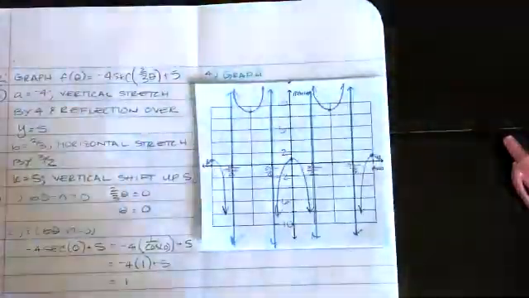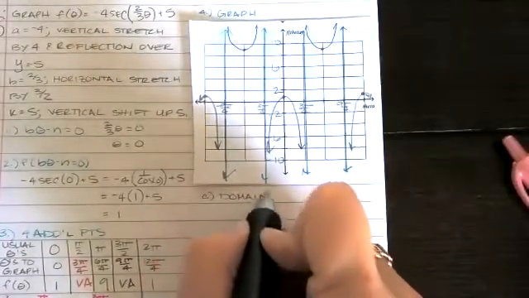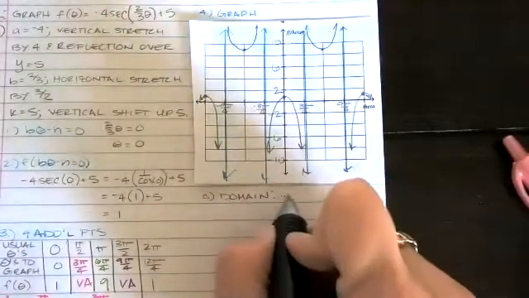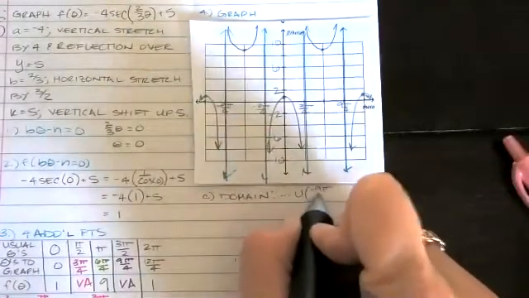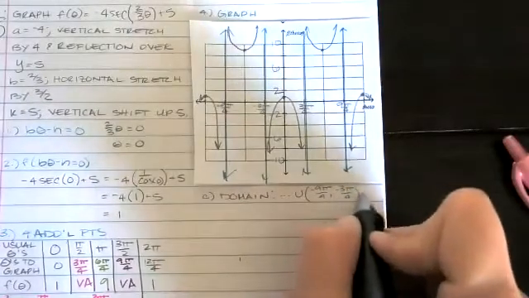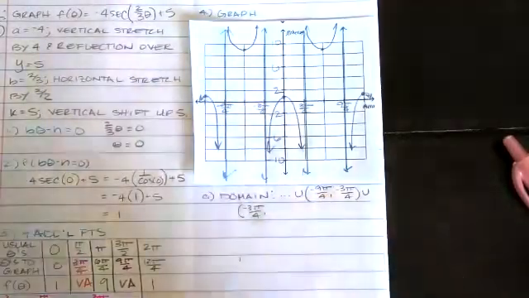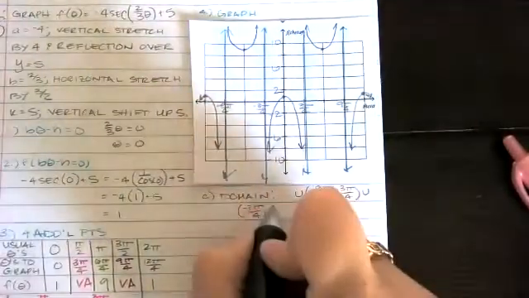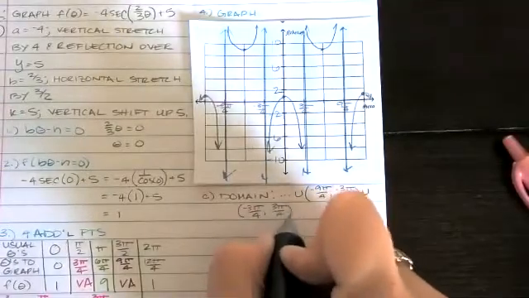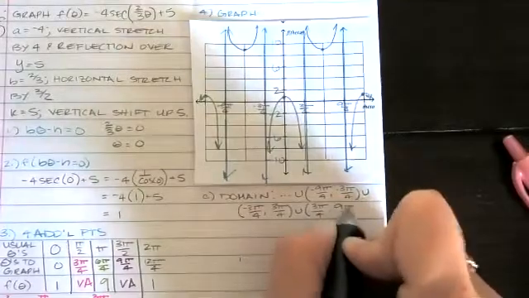Okay, so the domain goes from negative 9 pi over 4, comma, negative 3 pi over 4, union, negative 3 pi over 4, positive 3 pi over 4, union 3 pi over 4, positive 9 pi over 4.